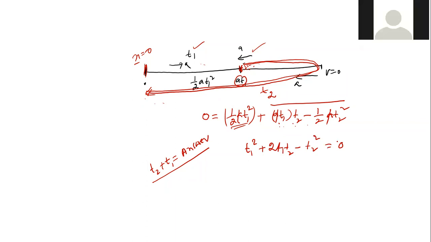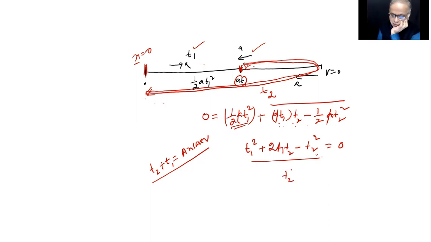And t2 is our variable, children, not t1. t1 is already there. If you would like to write in the regular form, you can do that: t2 square minus 2 t1 t2 minus t1 square equals 0. If you want to convert, I have no problem.